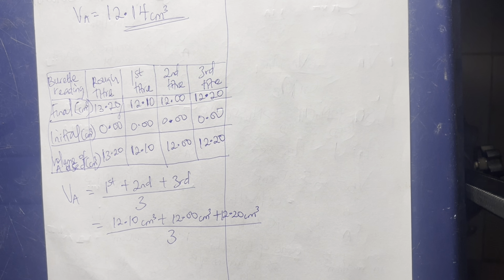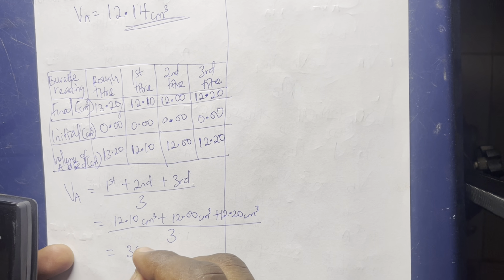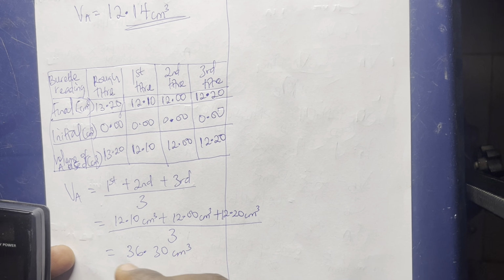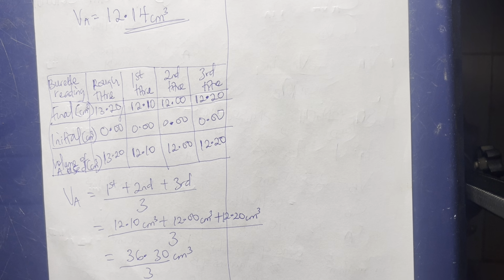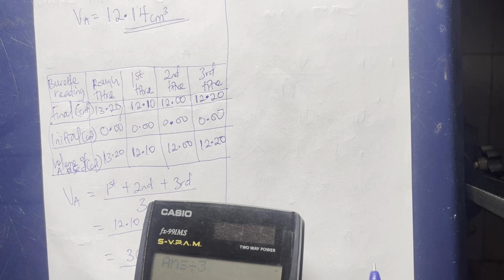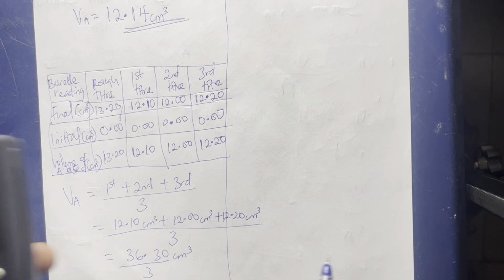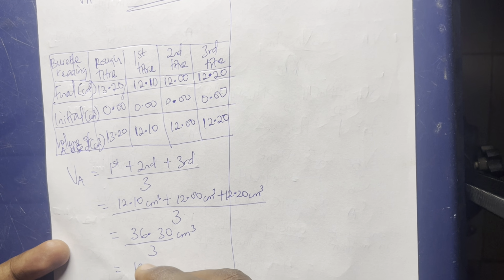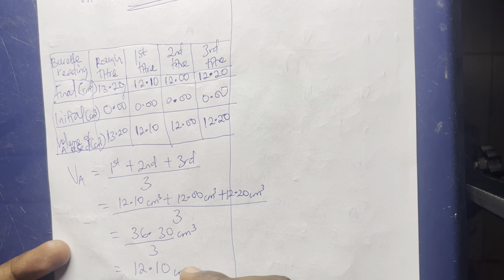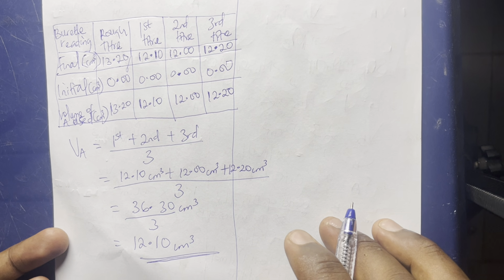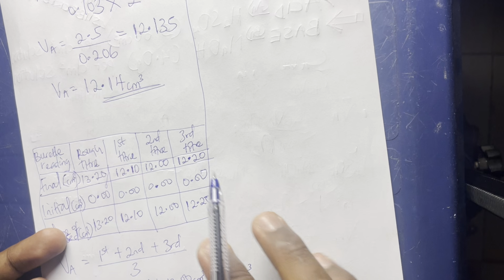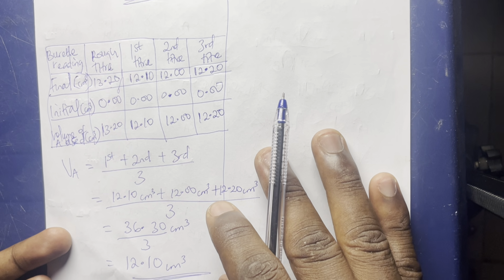That gives me 36.30 cm cube over 3. Dividing it by 3, that's 12.1 cm cube. So if you get 12.10 and 12.14, that's still good. That's still the same thing.